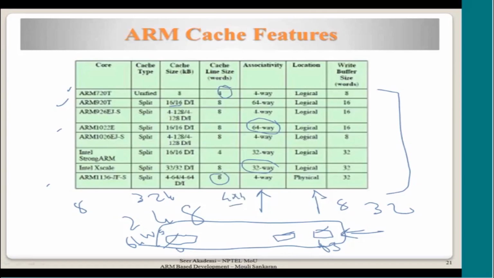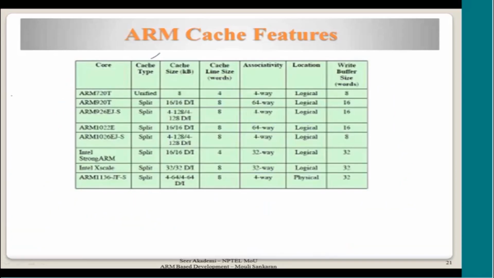So 8 words maximum, you can see that only 32 bytes are there. Later processors will have larger ones, but it's the block size or line size of the cache. So you can see different values given to each of the elements. We have addressed each of them in detail, so you should be an expert in cache now.